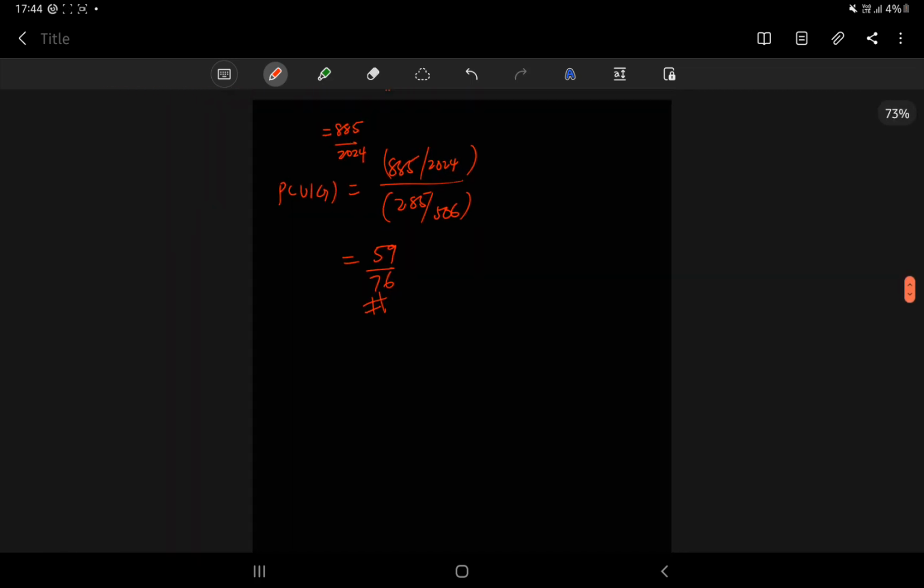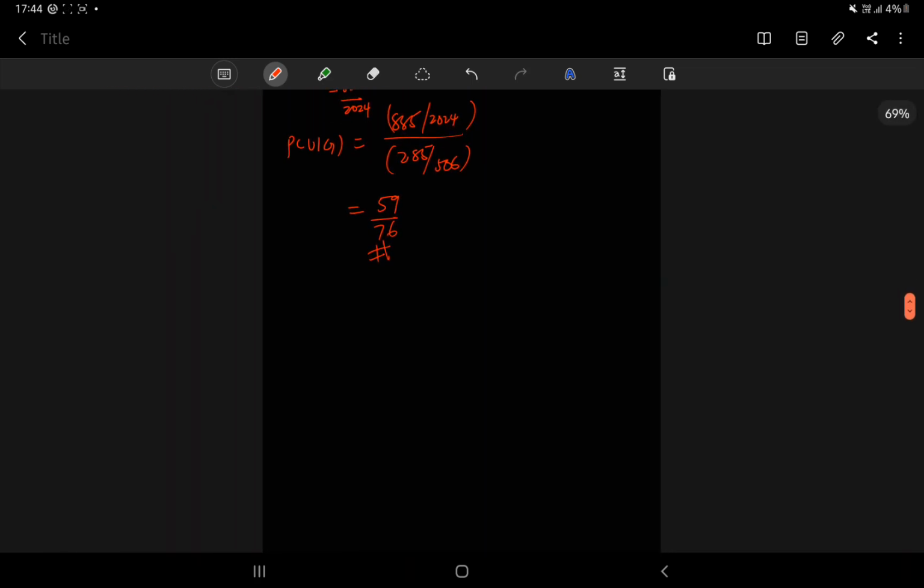Right, so next is to determine if event u and g are independent or not. Okay, so let's assume u and g are independent, then the relation should be probability of u intersection g should be pu times pg.